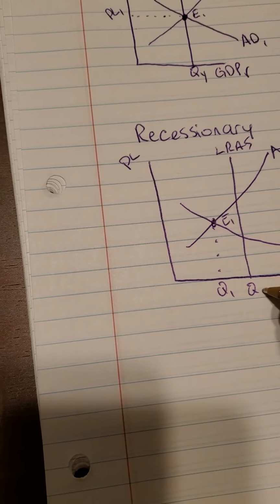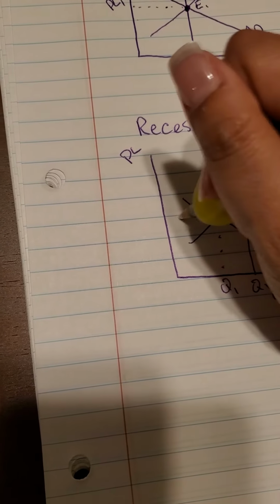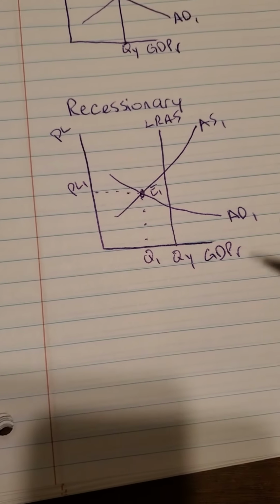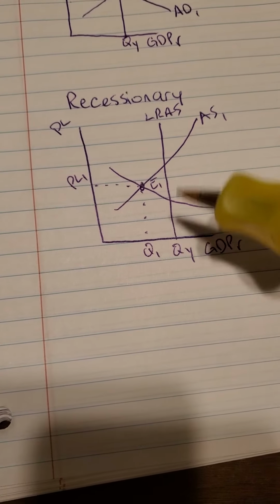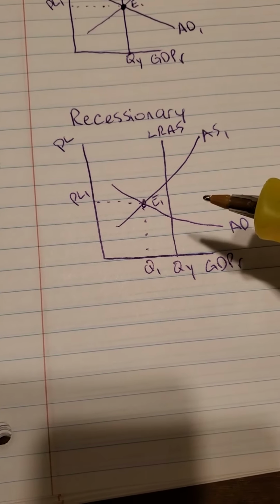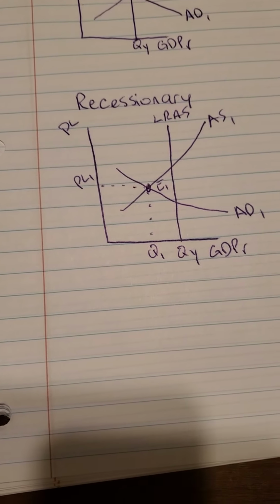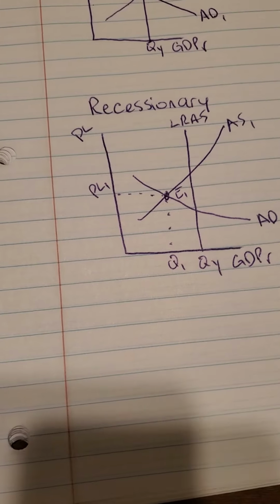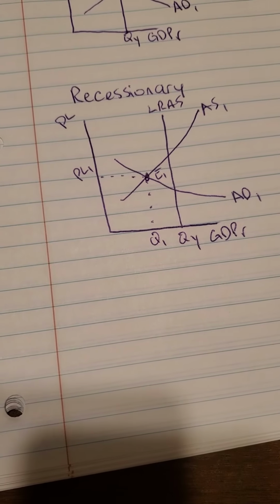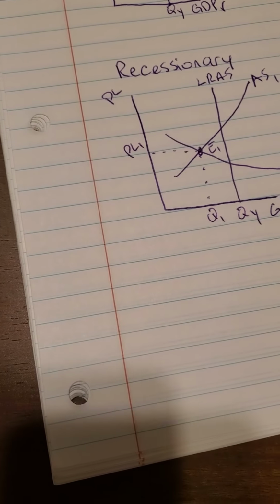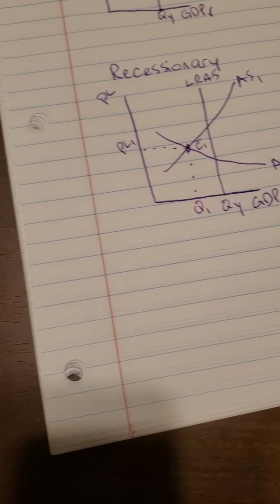Q1, QY, PL1. So our equilibrium is to the left of the LRAS. Our unemployment is going to be higher than 6%, higher than our natural rate of unemployment. We are inefficient. Our economy could easily do a lot better than what it's doing, but we're in a recession basically. High unemployment, low output.